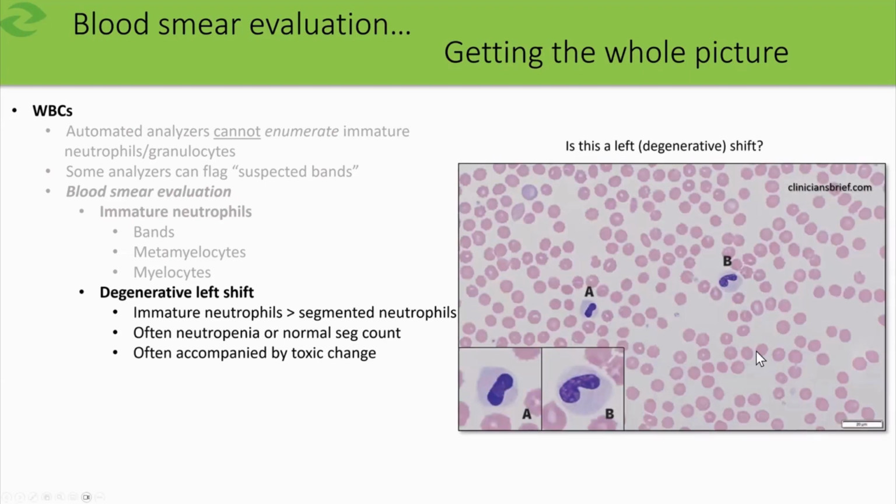Do want to show you this. This is a blood smear from a dog, and the question here is, is this a degenerative left shift? Are these immature neutrophils? And if they are immature neutrophils, and I think they are in the neutrophil series, then, and this is the blow up, increased digital zoom there.